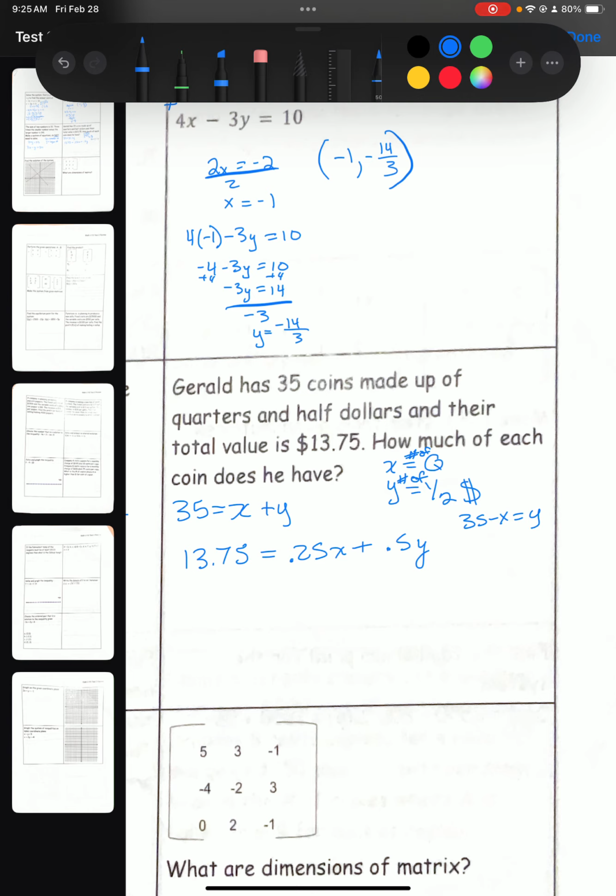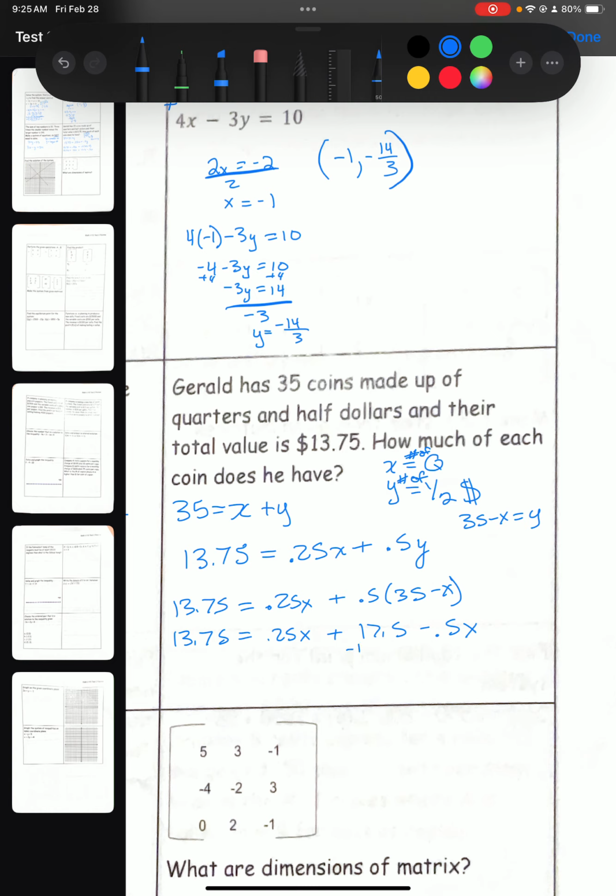So I'm going to plug it in here, so we have 13.75 equals 0.25x plus 0.5 times 35 minus x. From there, 13.75 stays the same, 0.25x is still the same, plus, and then we multiply this out. We get 17.5 minus 0.5x.